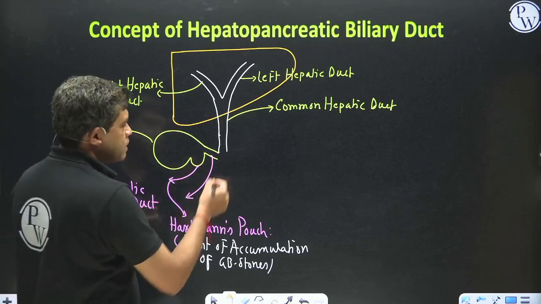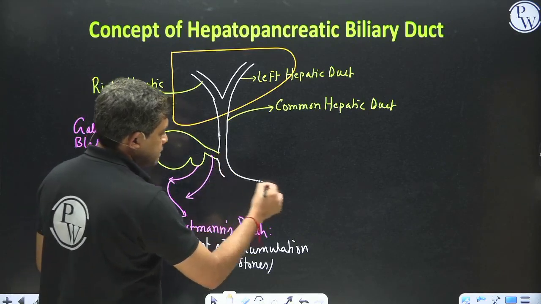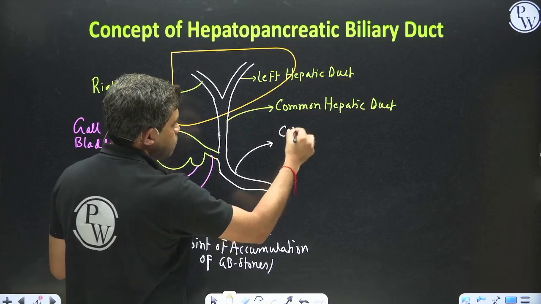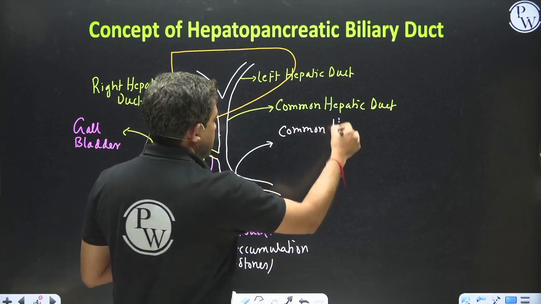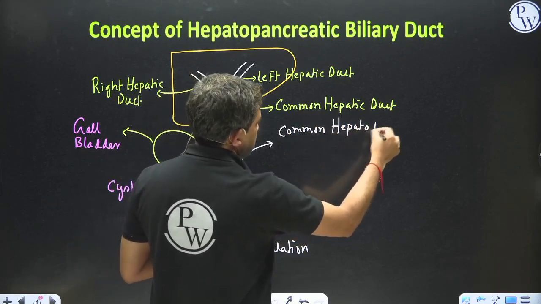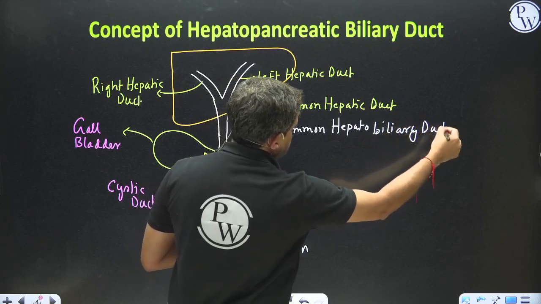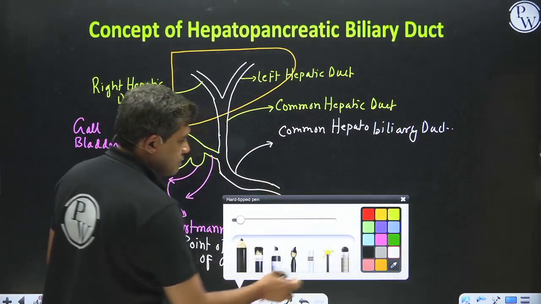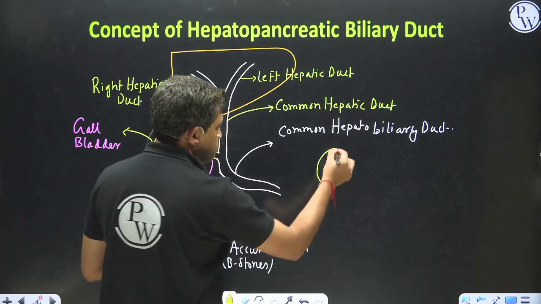So now what is happening over here, you can see this unites to form another duct. This duct is termed the common hepatobiliary duct. Okay, and this gets united with another duct, which I will let you know. There is a pancreas. Say this one is the pancreas.